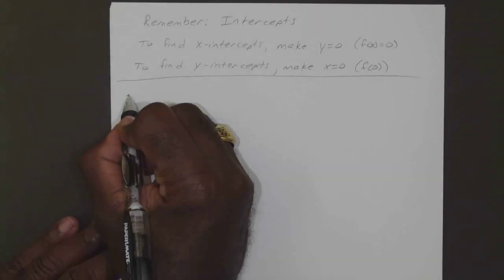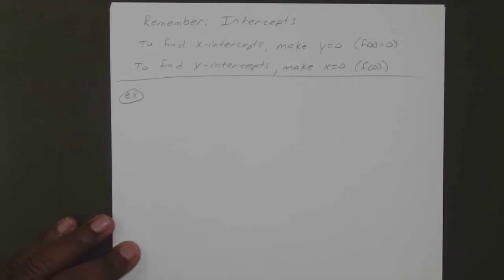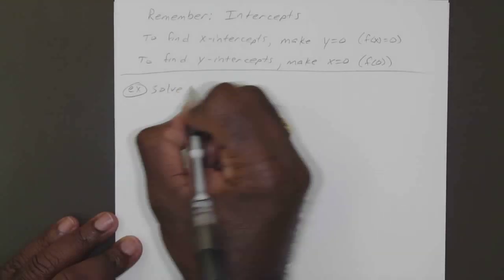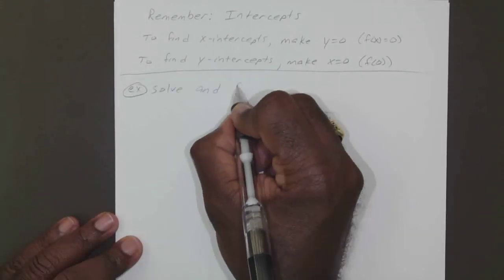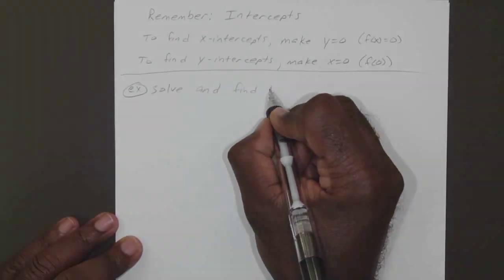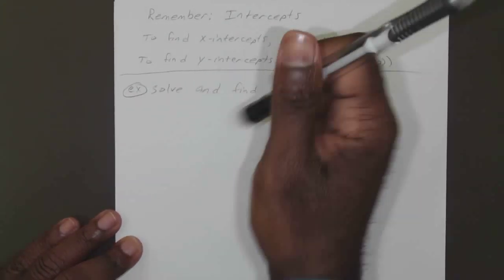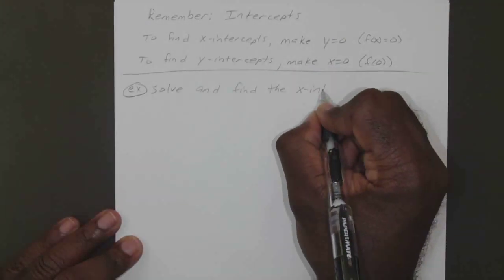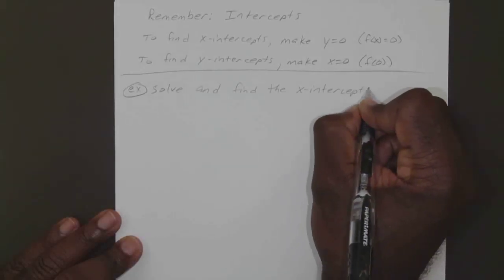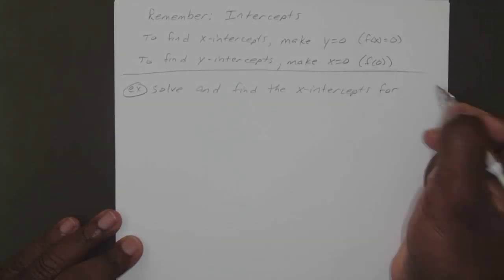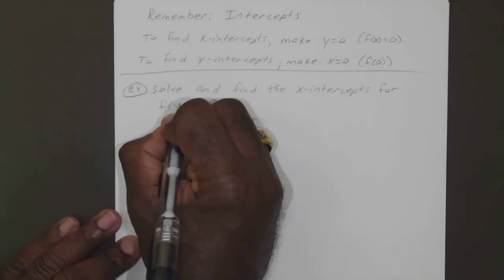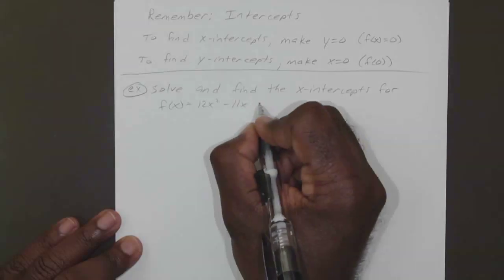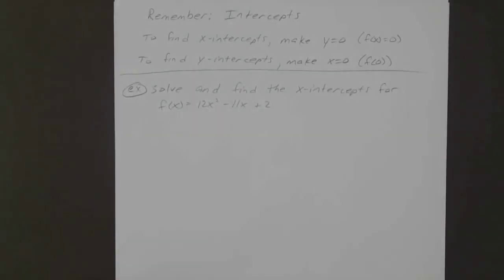All right, so let's say, for example, solve and find the x-intercepts for f of x equals 12x squared minus 11x plus 2.